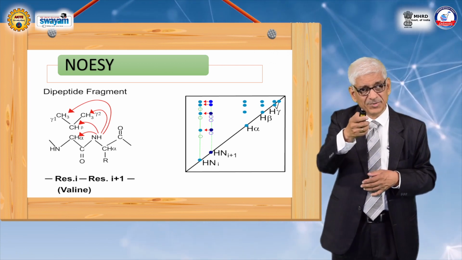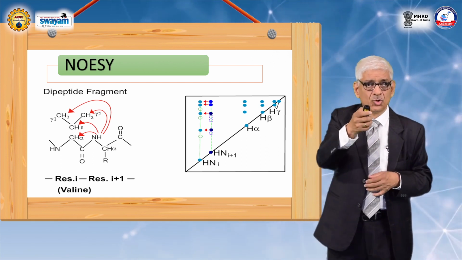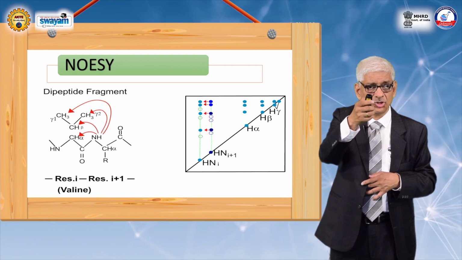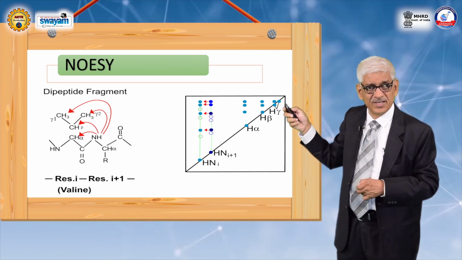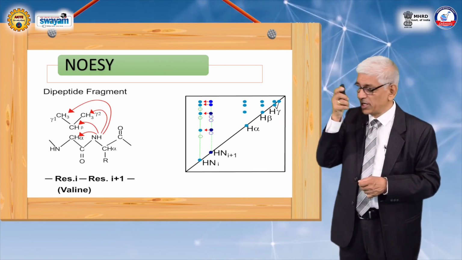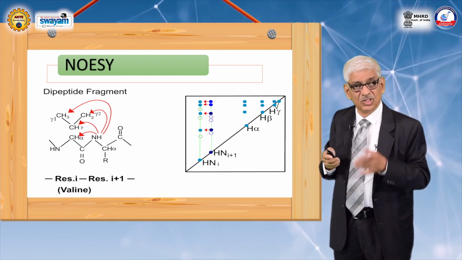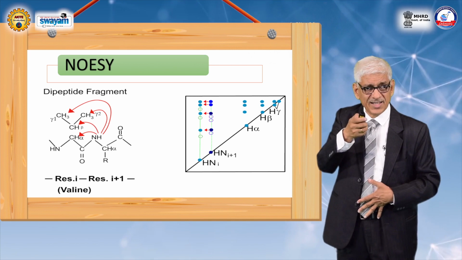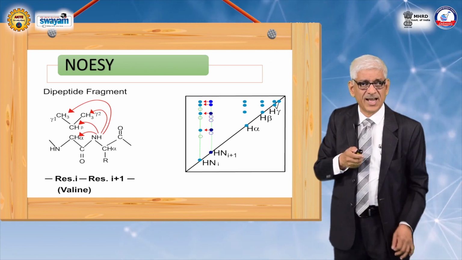But now you see something else. You see from the amide proton HN i to the betas and also to the 2 gammas. All the cyan peaks are indicating that. The cyan peaks are saying that you see a cross peak correlation from the amide proton to the H alpha, to the H beta and to the 2 H gammas. Not only that, you also see another one which is indicated by the green symbol there. What is that?